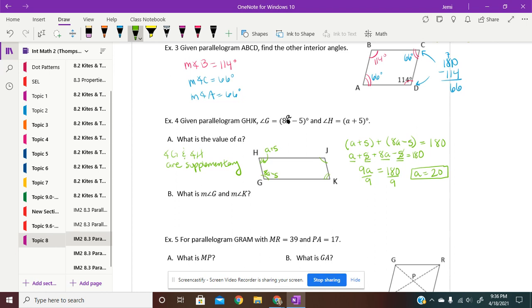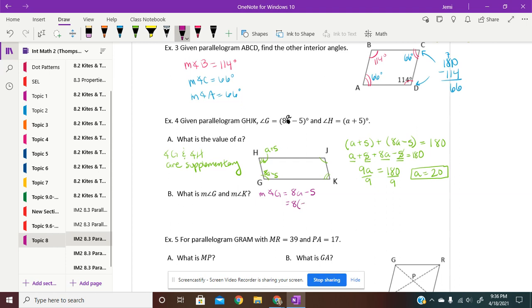So I'd encourage you to look ahead here, pause this video again, and see if you can find angle G and angle K. All right, so when I come back here, I want to find angle G, and I know that the measurement of angle G is equal to 8A minus 5.